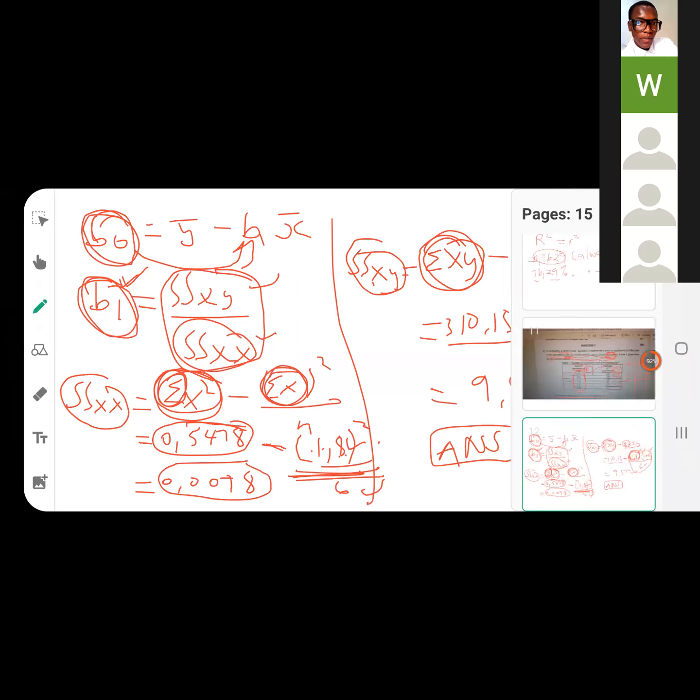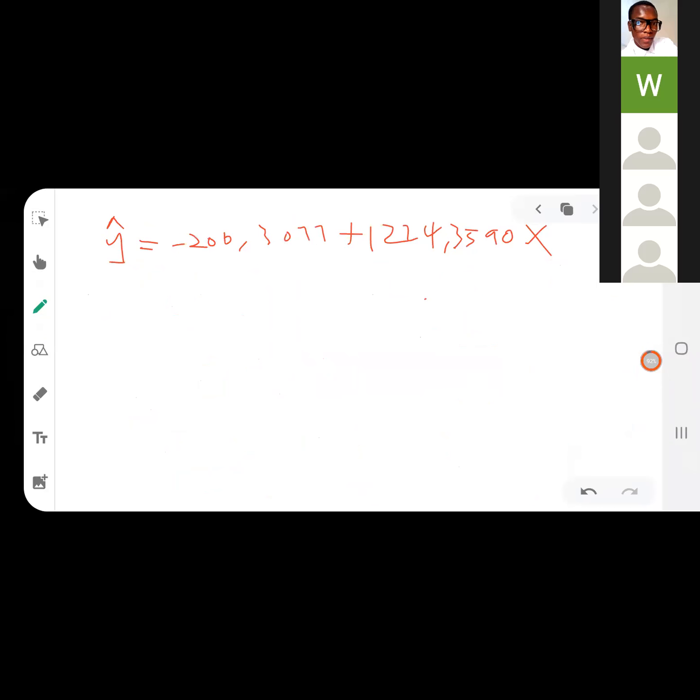So you do likewise. We said where you see Y, you still have your cap. And then your Y is the number of customers equals negative 200.3077 plus 1224.3590.